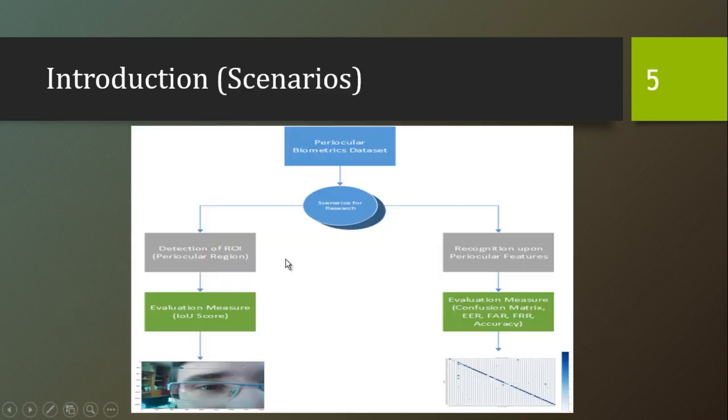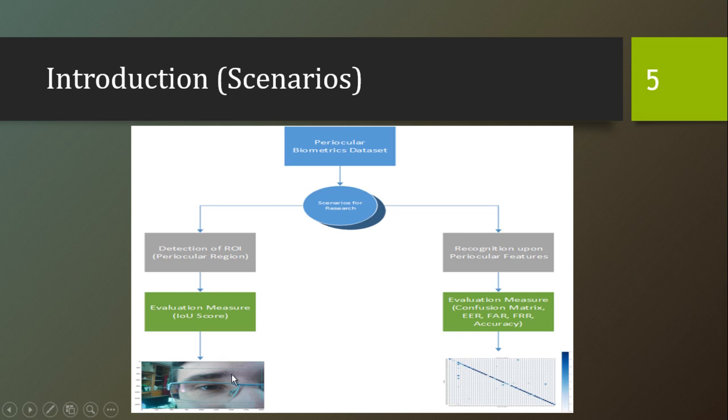I have divided the overall research work after taking the top view of this area. The first one is the detection scenario, and upon detection, extract the features and feed those features into the model, generate a latent vector and perform one hot encoding, to finally evaluate the classification, that is the recognition.